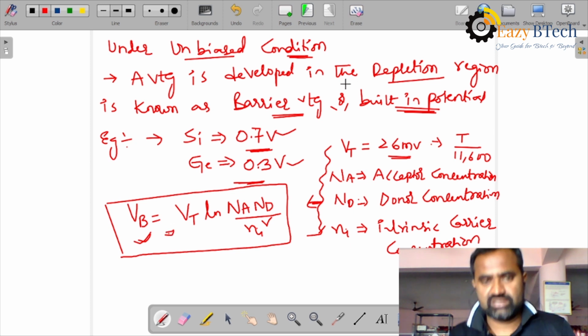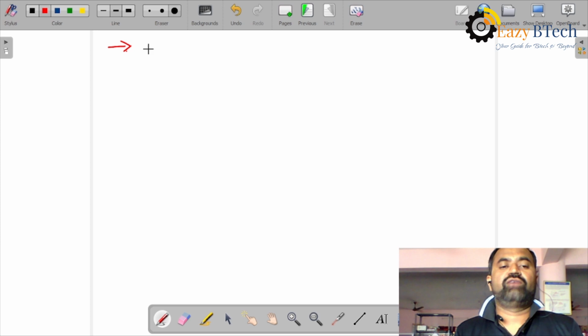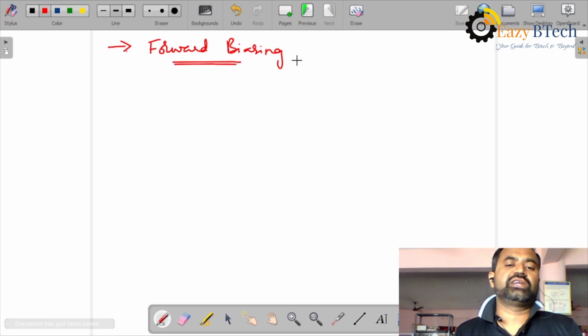Okay, students, in the next slide we will see what happens in forward bias. This PN junction diode biasing can take place in two types: forward bias and reverse bias.